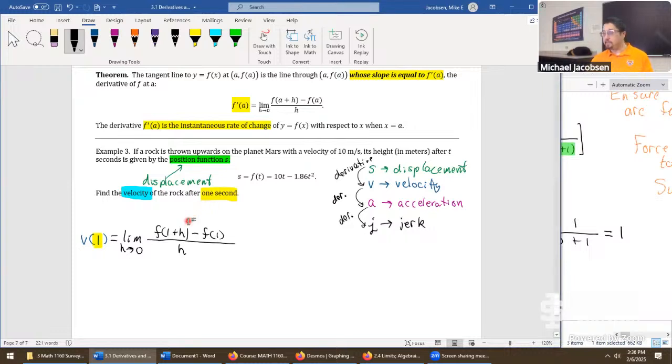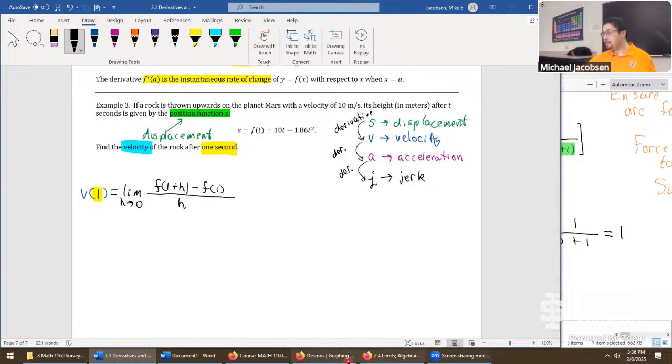So if we can do this limit right here, we have a velocity function. And if you were so inclined, you could just keep on doing this over and over again, but you would have to do it with a variable a to come up with the acceleration and the jerk functions. So we'll leave that out for when we're further into chapter 3 to see how all those relate. But for the moment, let's do the standard kind of thing and just work these out.